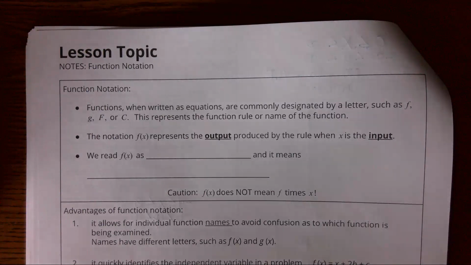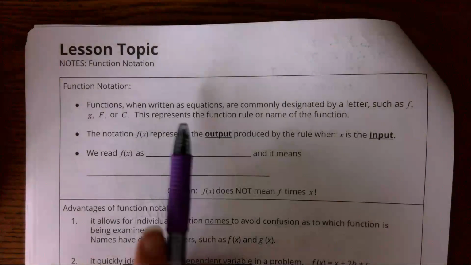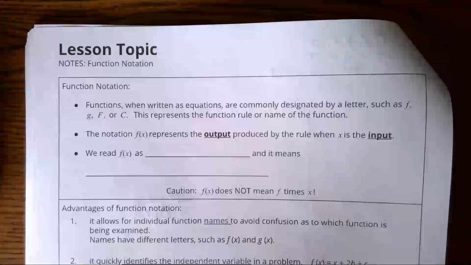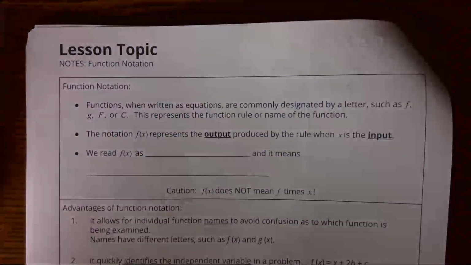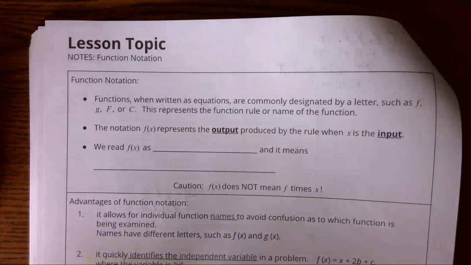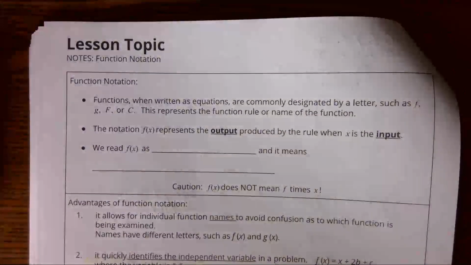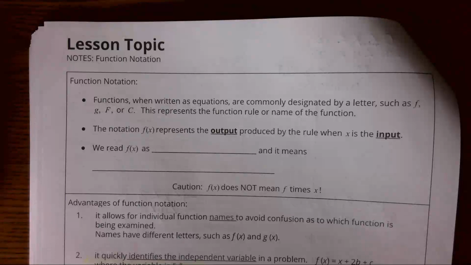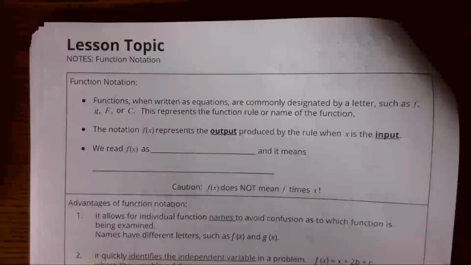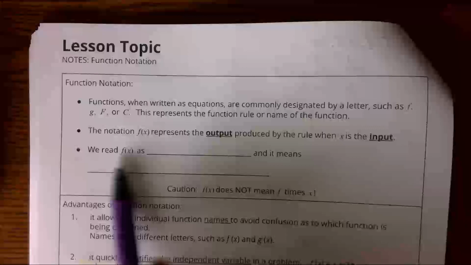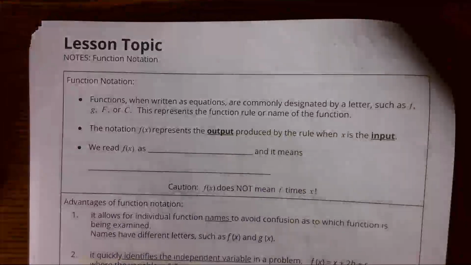All right, so functions, when written as equations, are commonly designated by a letter. You've been seeing that we've been doing domain and range and deciding if something is a function, but now we are learning how to write with the notation. It's called function notation.